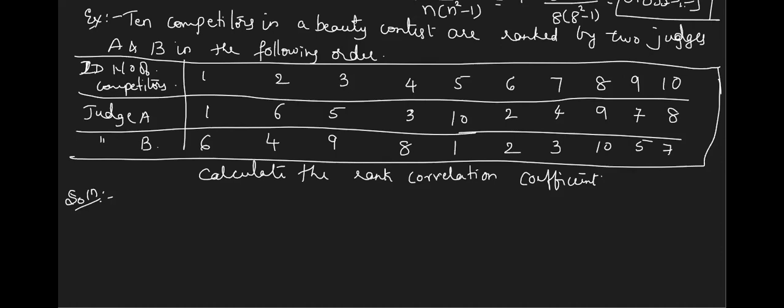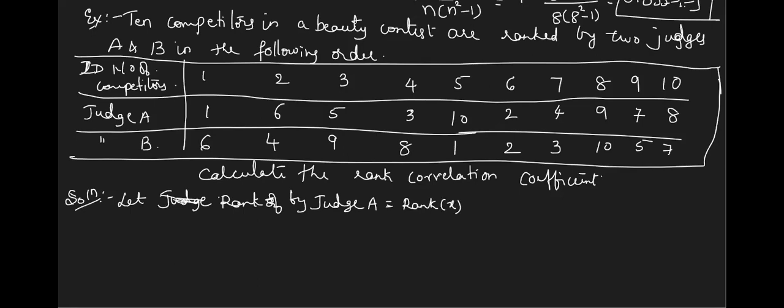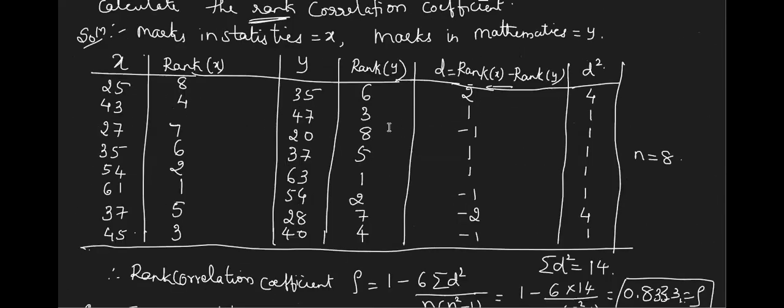Okay. So just write, let rank given by judge A, take it as the rank of X. Similarly, rank given by judge B, take it as rank of Y. Because the X and Y values are not further useful.